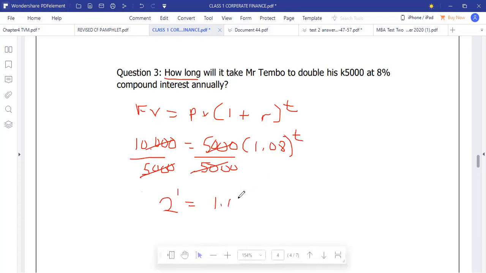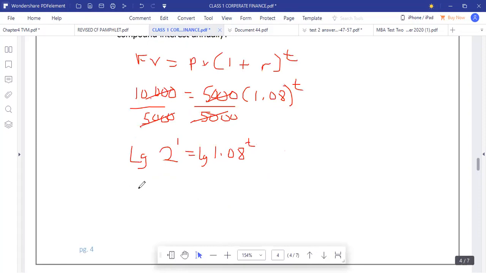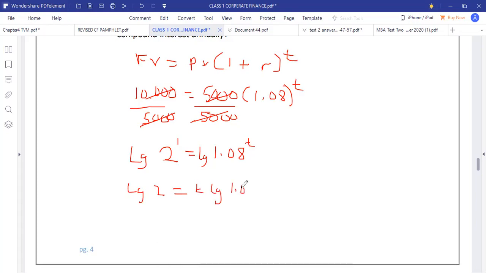So how do we get rid of the t? By introducing log. So here we're going to have log 2 is equal to t times log 1.08. So we divide both sides by log 1.08.